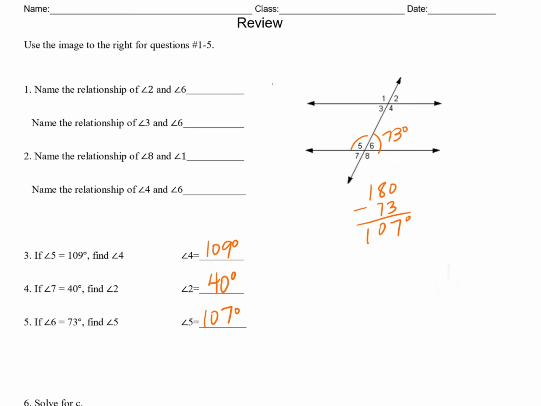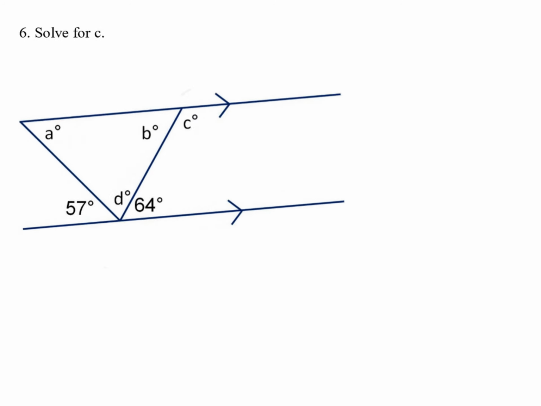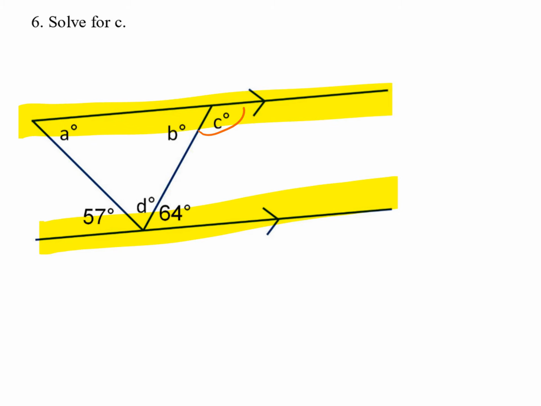Okay, so moving on, solving for C. All right, C is this angle. I want to isolate and look at the idea that I have two parallel lines, and then this would be the transversal. Angle C has a relationship with the 64 degrees.